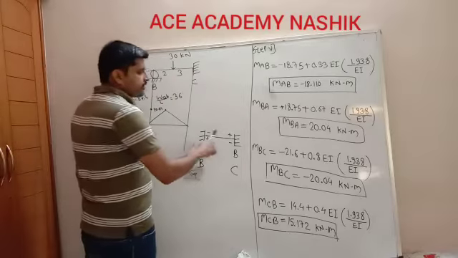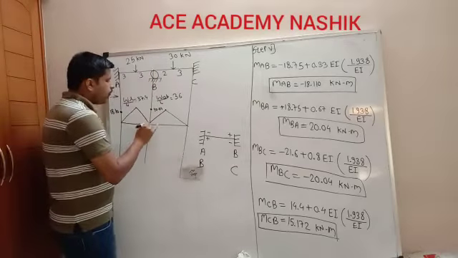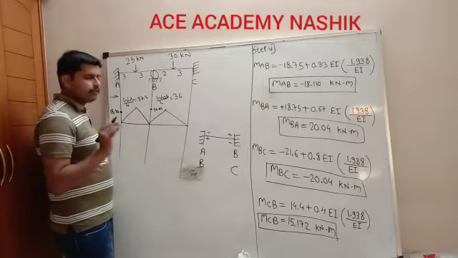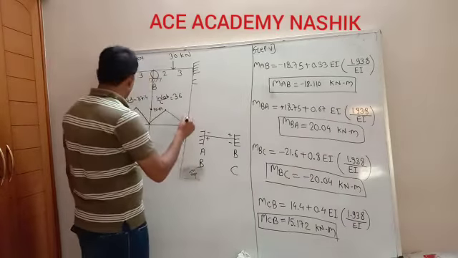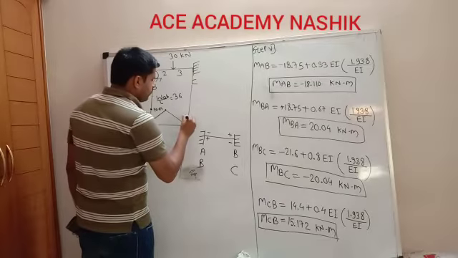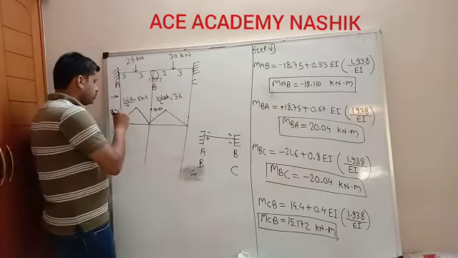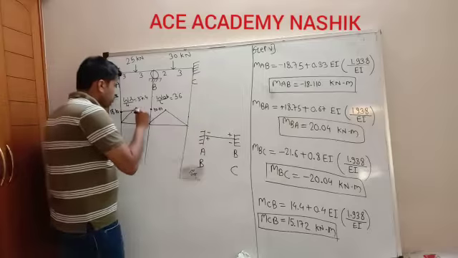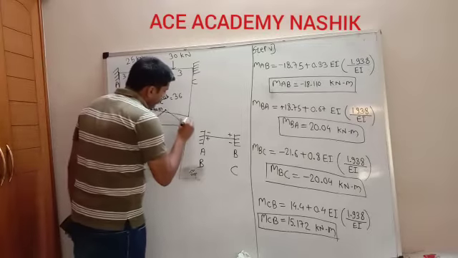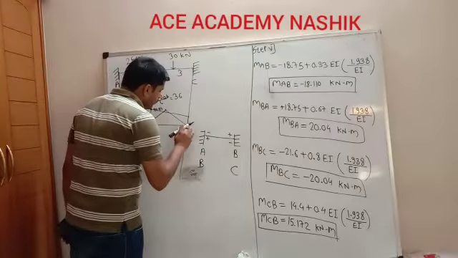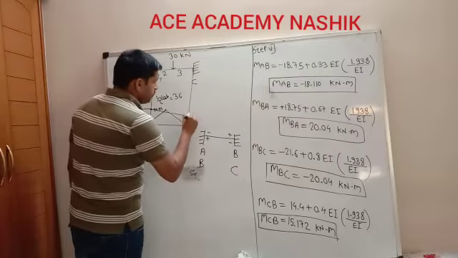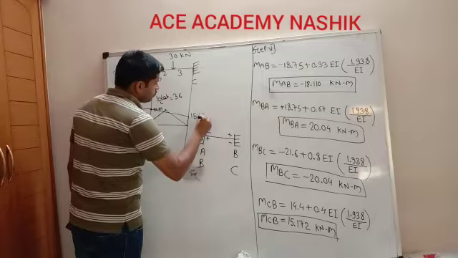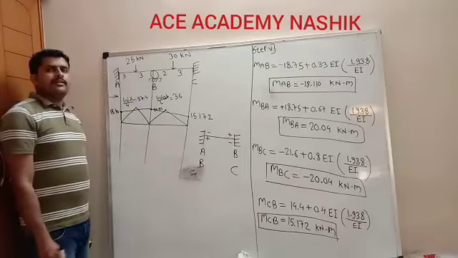BC is negative, so we plot above the line, that is 20.04, and for CB it is positive, it is again above the line, 15.17. Join all those 3 points. So this is our superimposed BMD. Thank you.